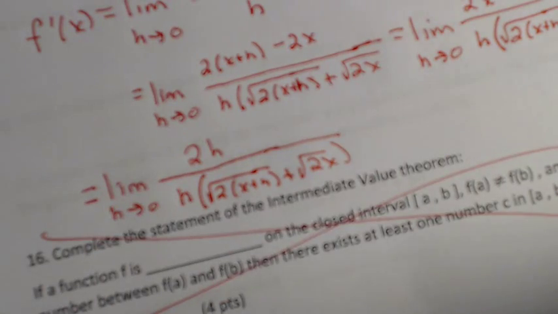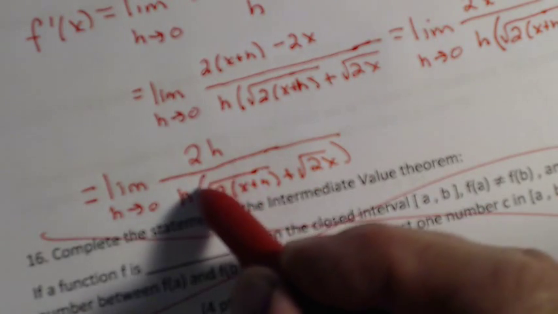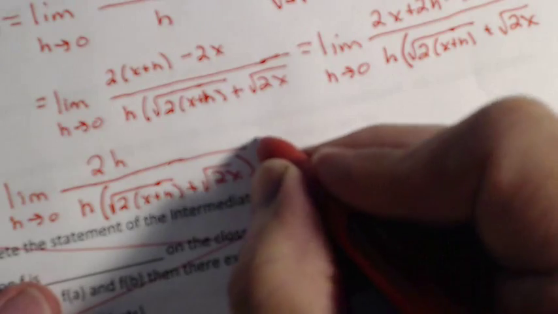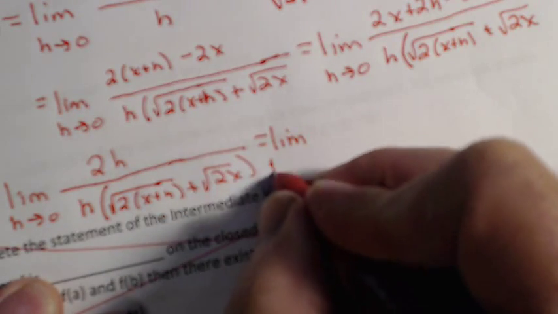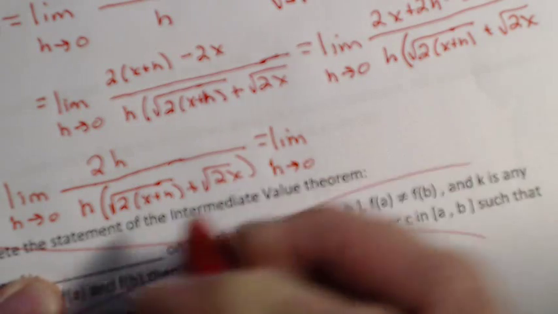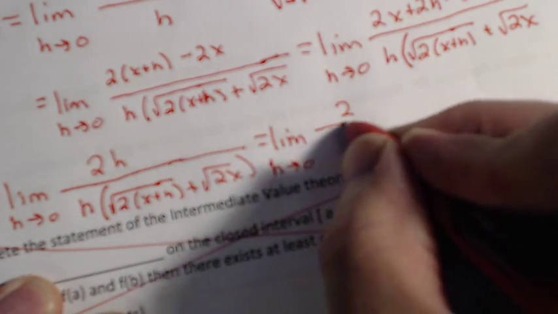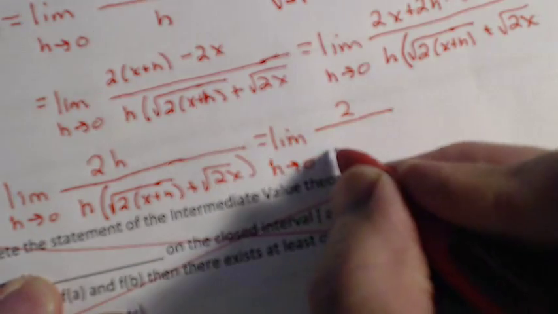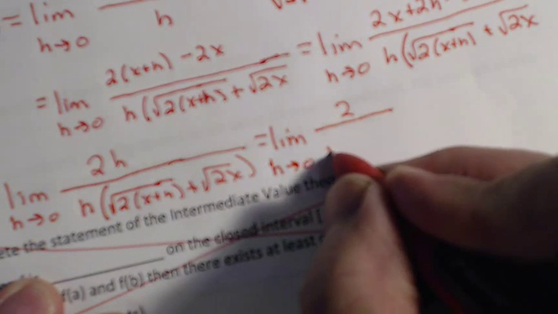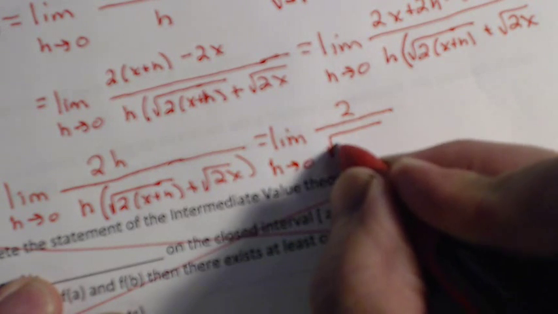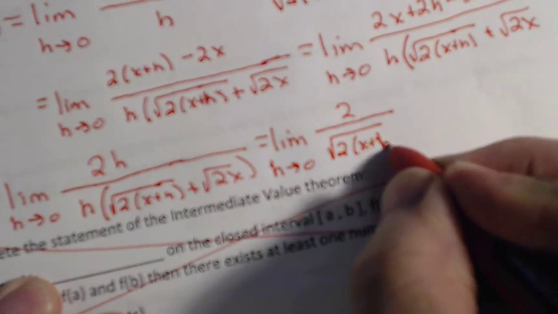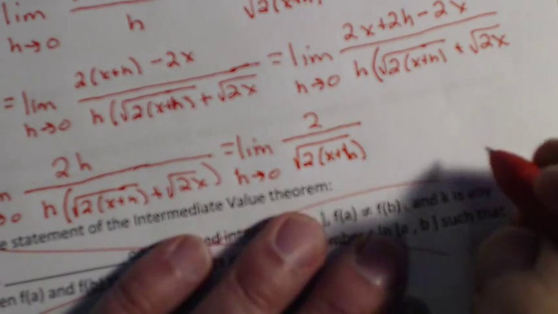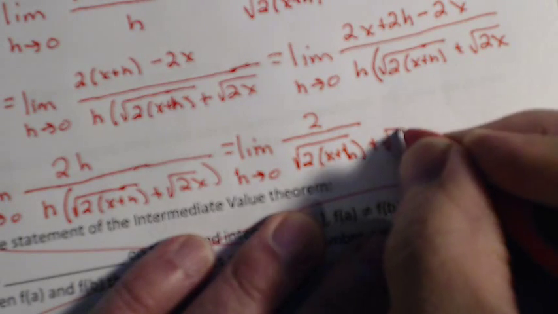Now the h's can cancel. This is the limit as h approaches 0 of 2 over the square root of 2 times the quantity x plus h plus the square root of 2x.